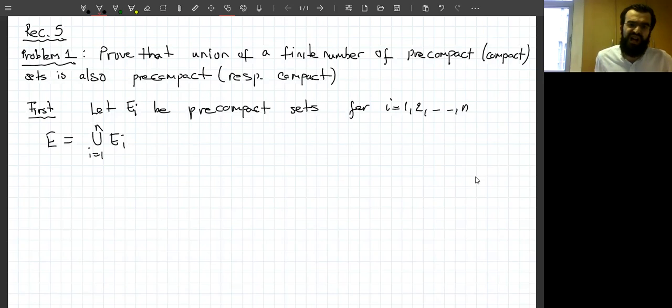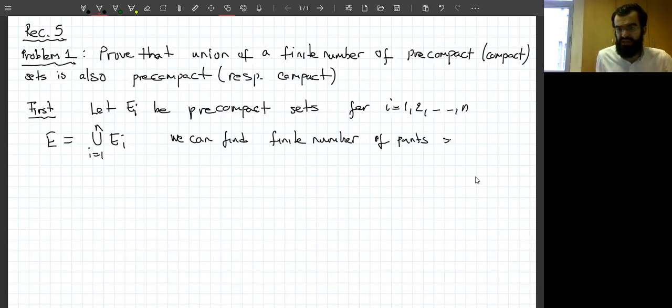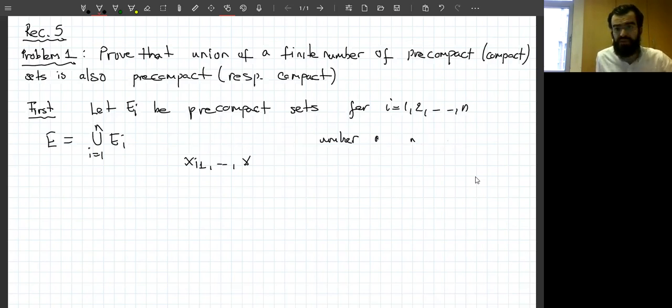So each E_i is pre-compact. This means we can find a finite number of points. First, I need to start like this.